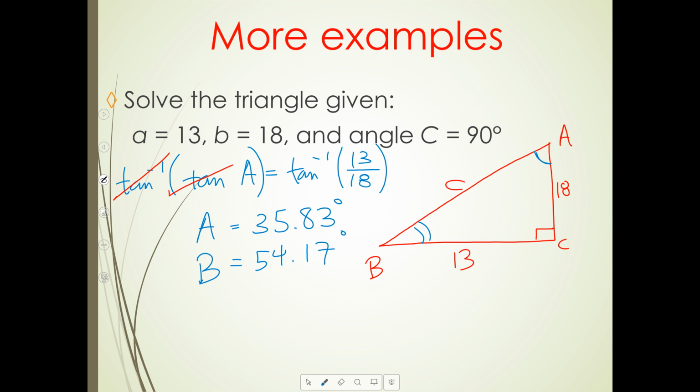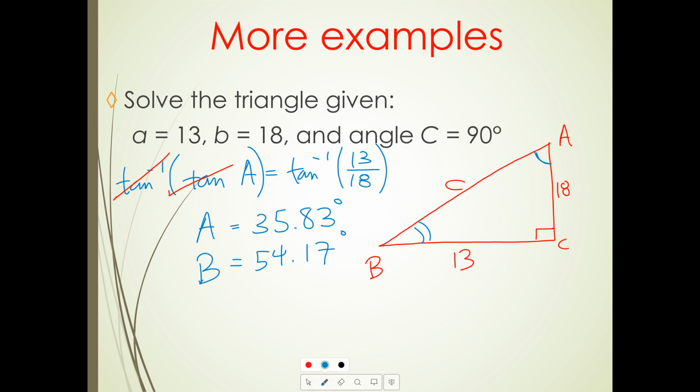Devin, back to you. To solve for the side C, what would you like to do? Would you like to use trig, or you just want to go with the old standby Pythagorean theorem? Trig? Oh, love it. Okay. Do you want to use angle A or angle B? Angle B, no problem.